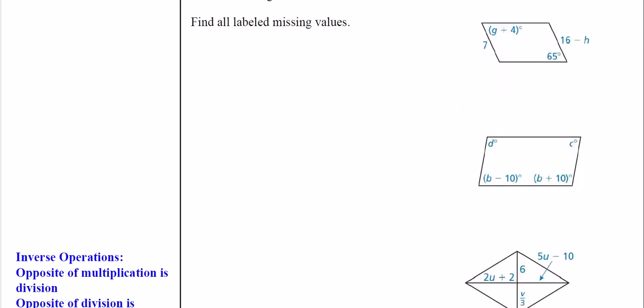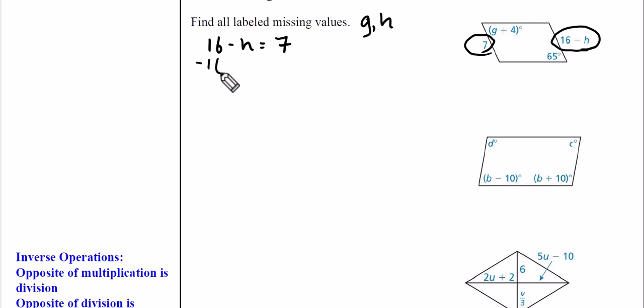Let's do some algebra. Let's find these missing letters, in this case G and H. Well, we can compare this side to this side. So I can say 16 minus H equals 7, right? We can set opposite sides equal to each other because they're congruent.